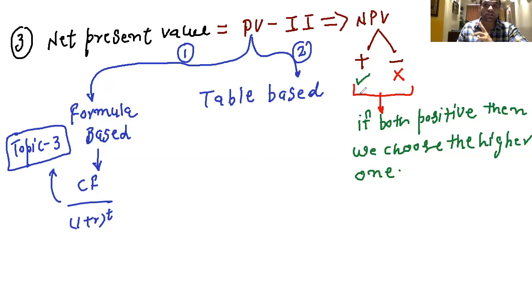We will use these 2 tables to estimate the present value. So what is the formula using the table? The formula is present value equals cash flows multiplied by the table's value.